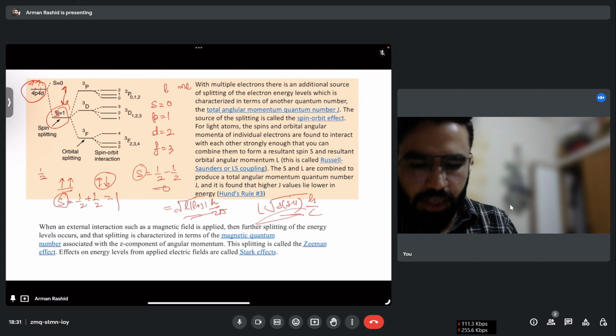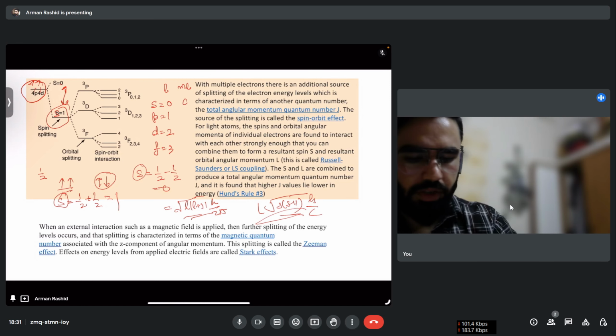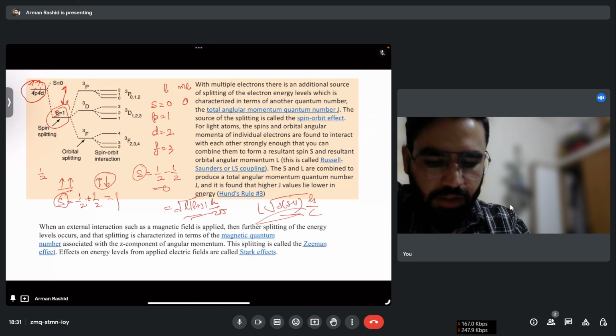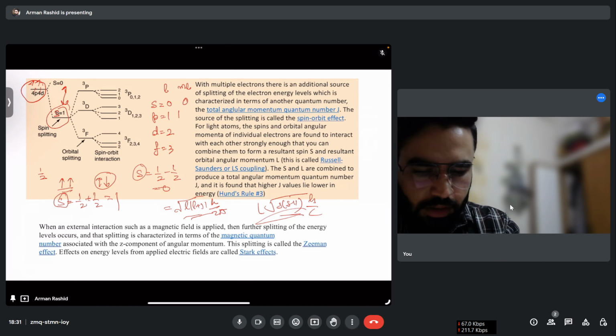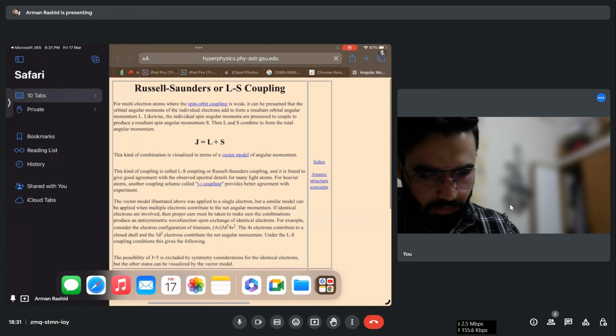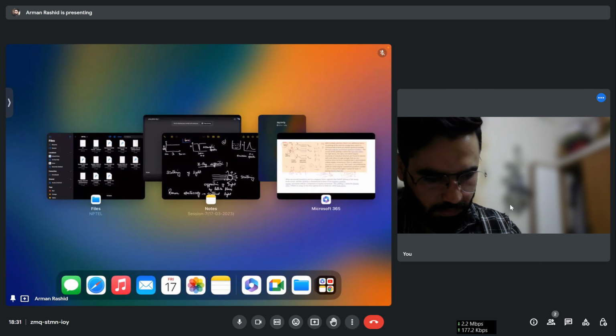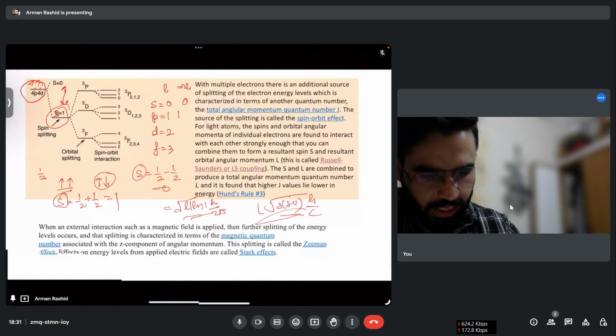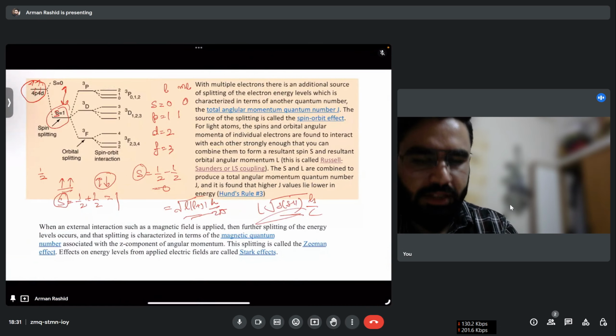It has different components. S has only one, P has 3 different ml.